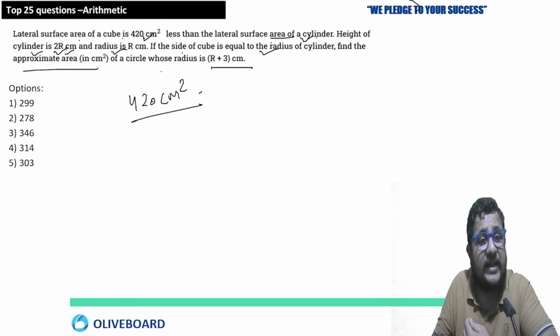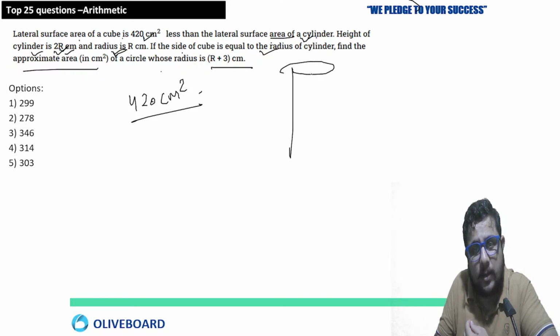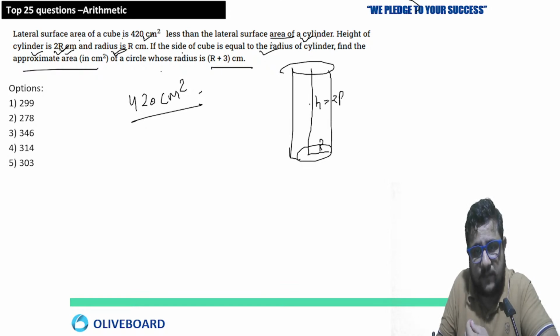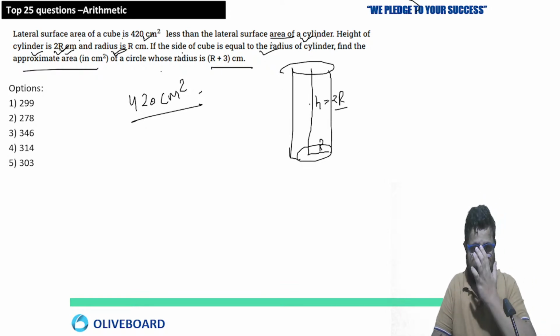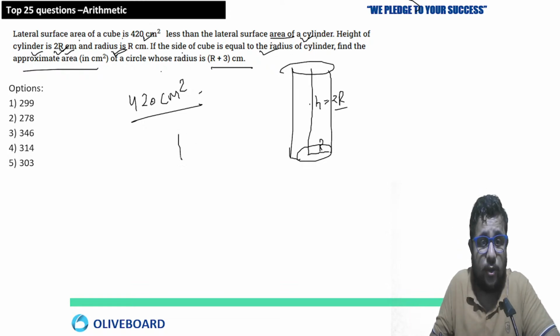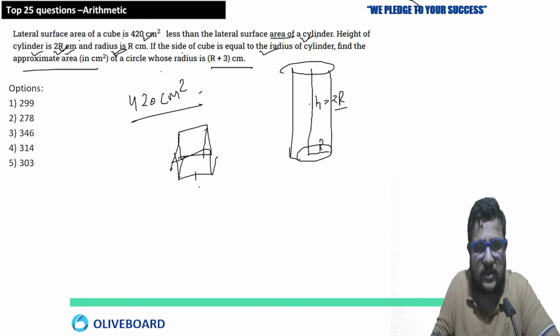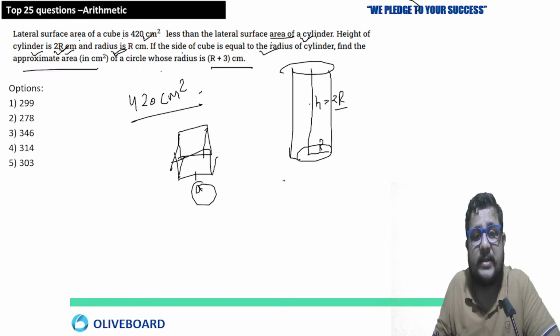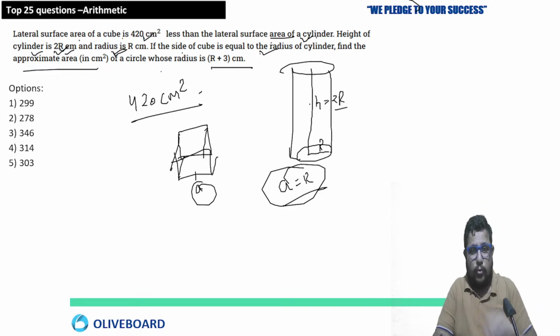The height of the cylinder is 2r, so h is double the radius. The side of the cube is a, but it is equal to the radius, so a equals r. So the side of the cube is equal to the radius of the cylinder.